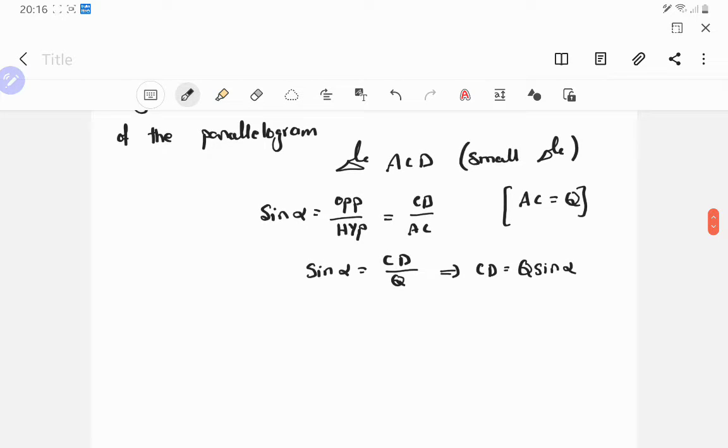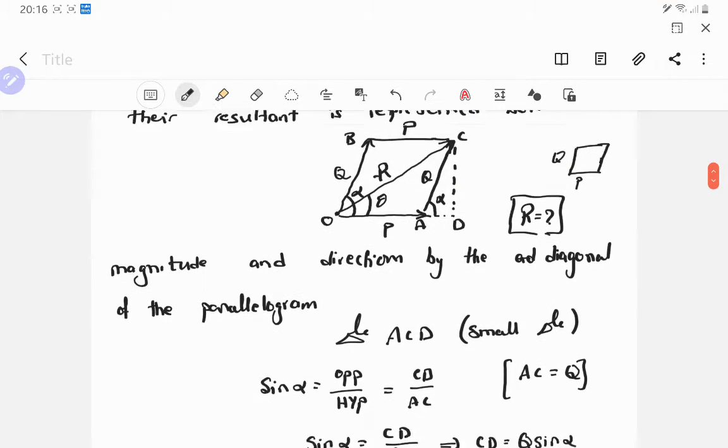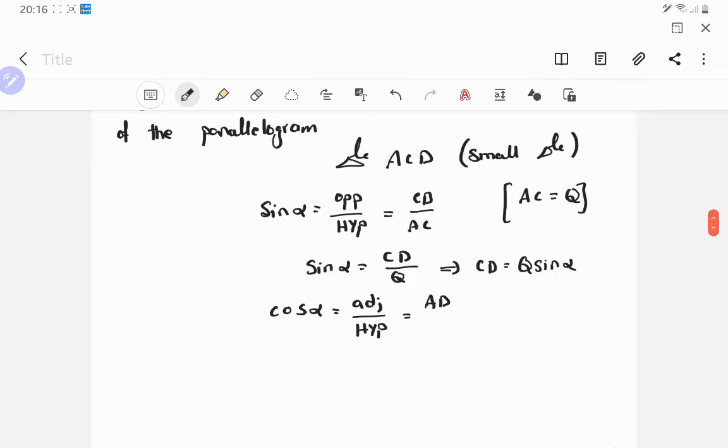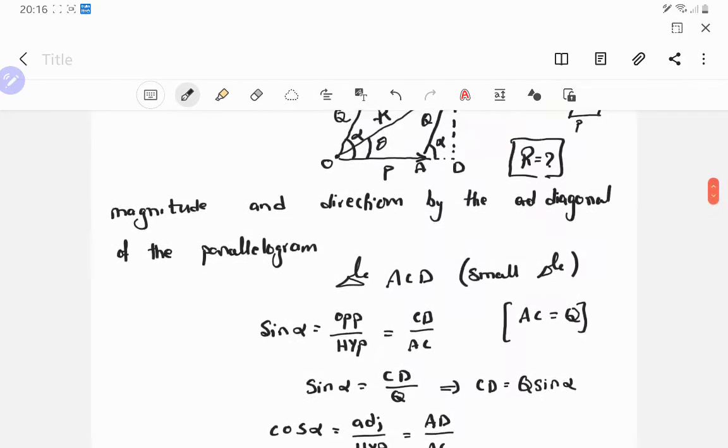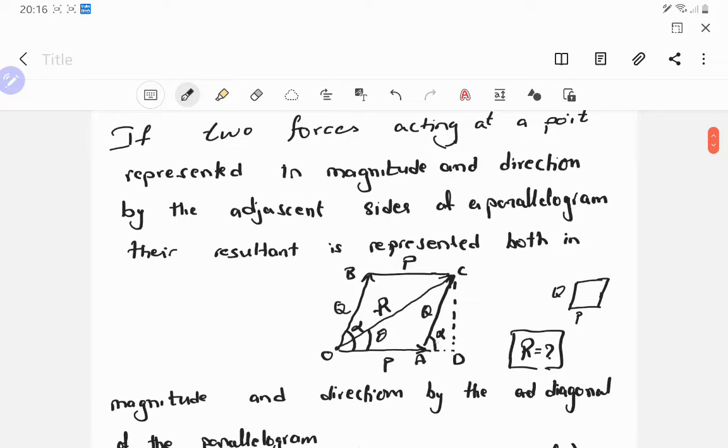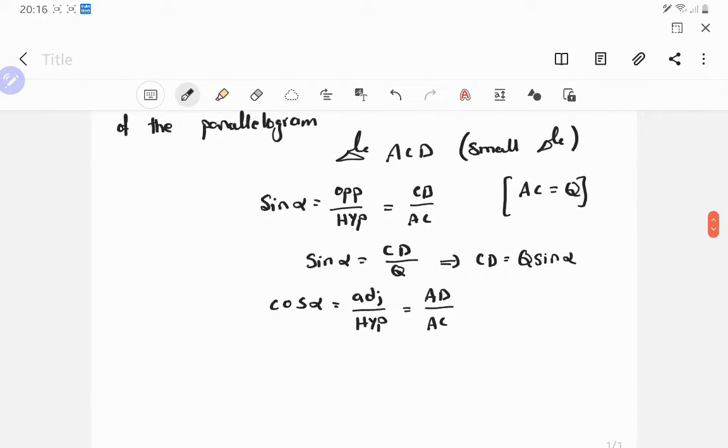Next, we have to take cos alpha. Cos is equal to adjacent side by hypotenuse, where the adjacent side is AD, so cos alpha is AD by AC, where AC is equal to Q. Cos alpha is equal to AD by Q. That implies AD is equal to Q cos alpha.